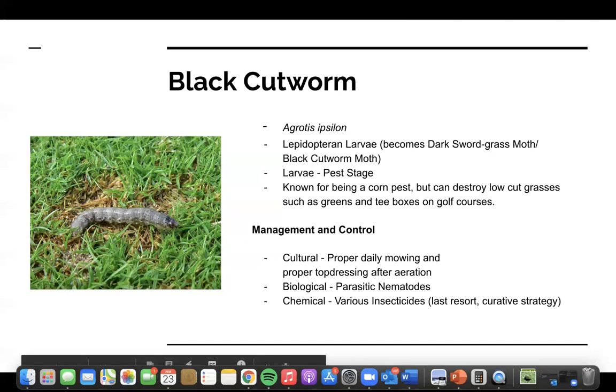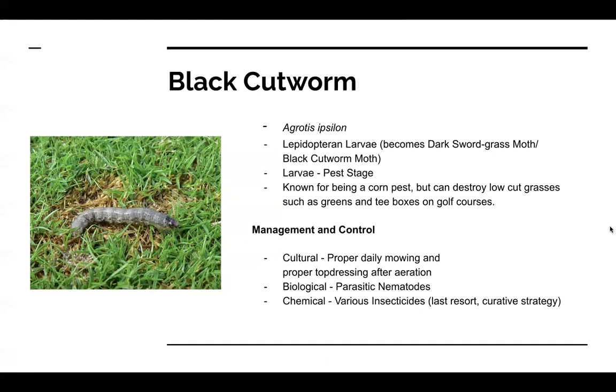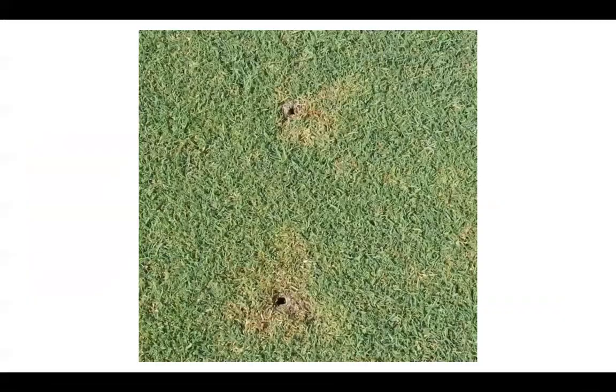As you can see here, we have a black cutworm larva just munching on some grass, and you can see that brown dead grass around there. And here's a photo of what look like little aeration holes, but they crawl out at night, kind of like zombies. They can cause some significant damage if left untreated.